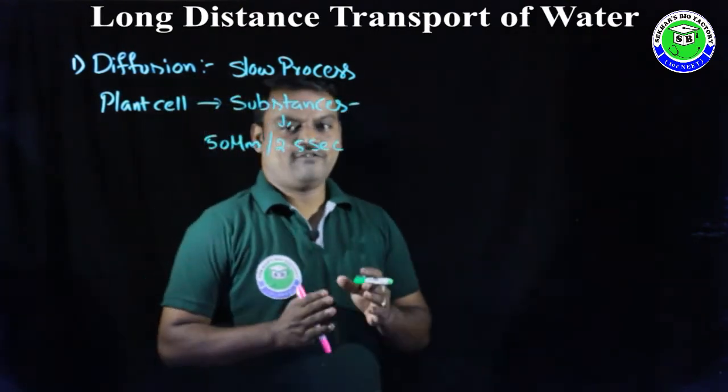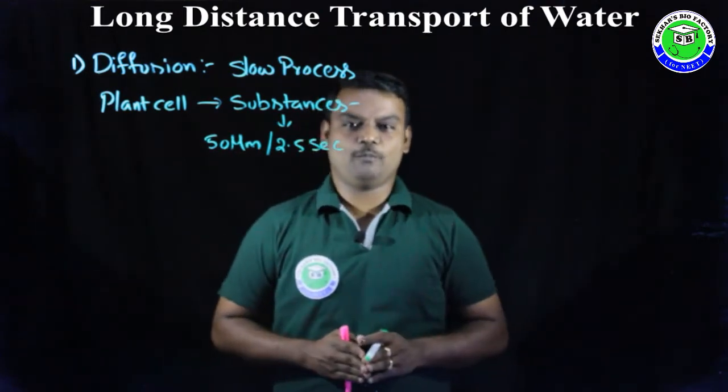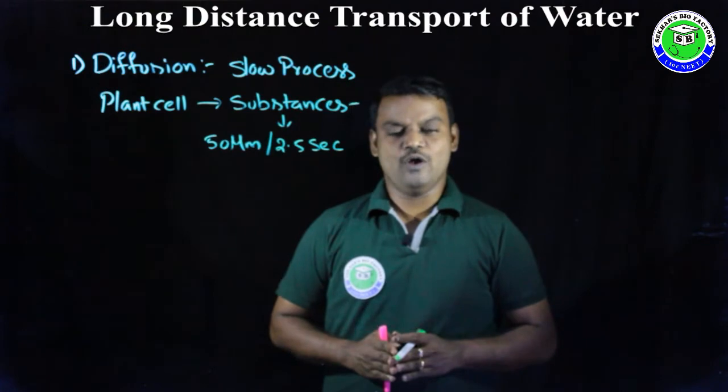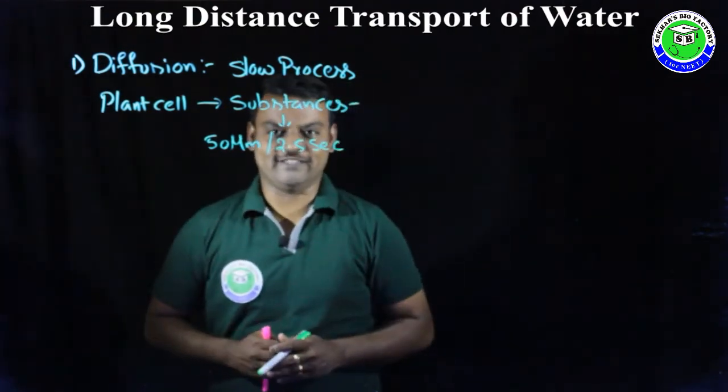That means a 50 micrometer distance takes 2.5 seconds. In this way, substances can move very slowly in a plant cell by the diffusion process.